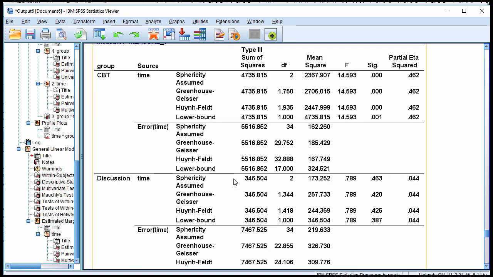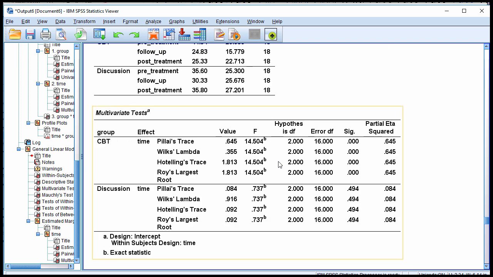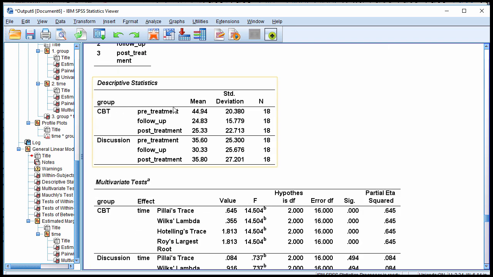And if we go down to the tests of within subjects effects, these are just ordinary one-way within subjects ANOVAs. I can find that the CBT group found a statistically significant effect, F equals 14.593 and p less than 0.001. And so the means for CBT are going downwardly and they are not all equal to each other.